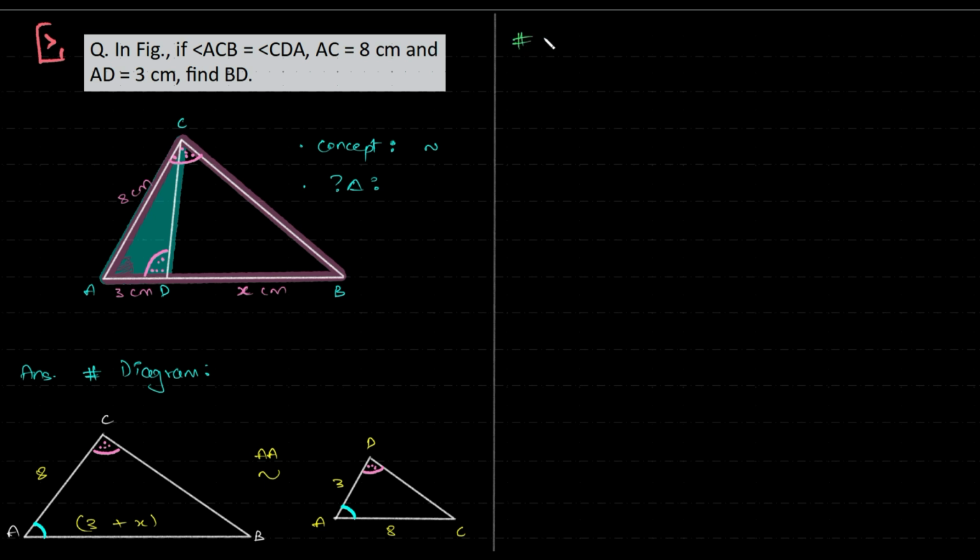Now the working. We have triangle ACB and triangle ADC. So here angle A is common. And we have angle ACB which is equal to angle ADC.